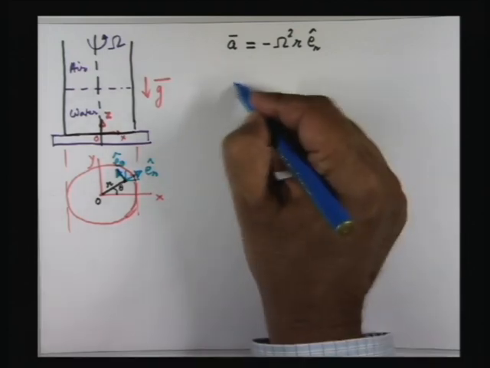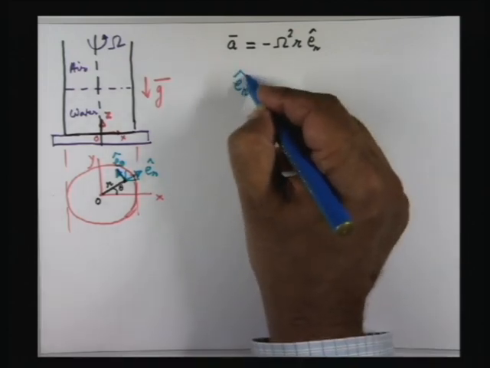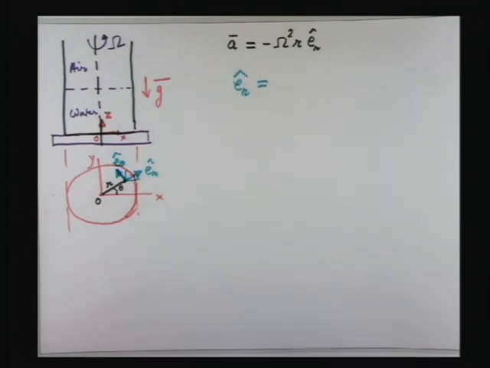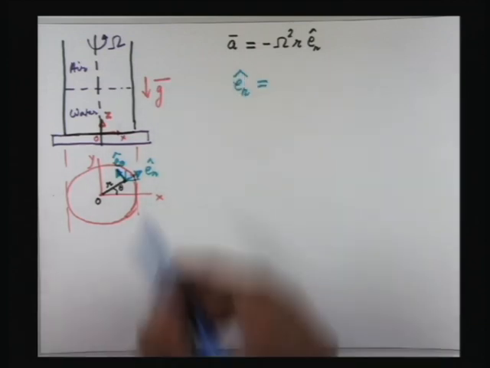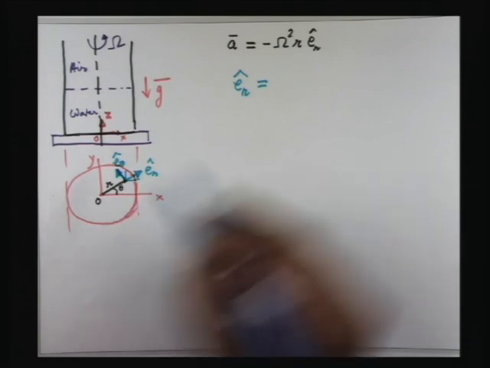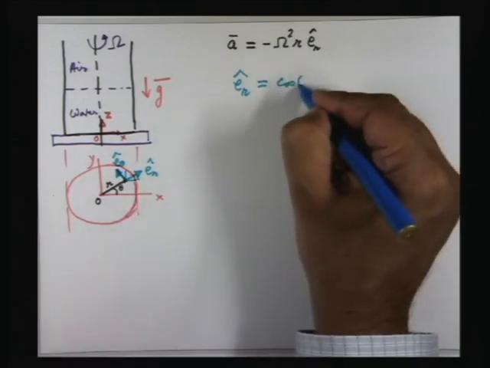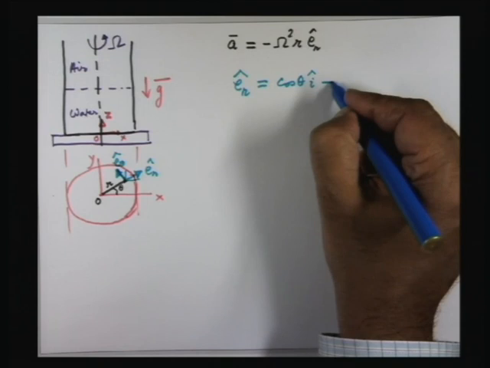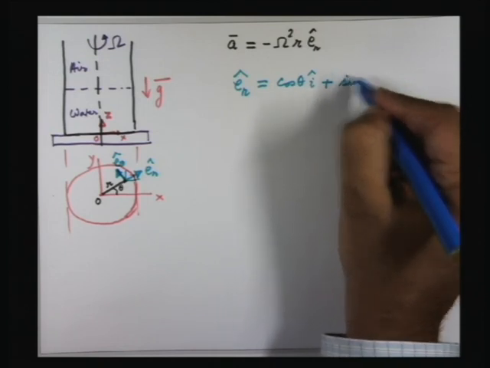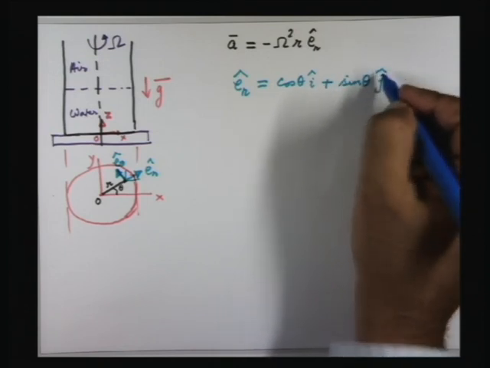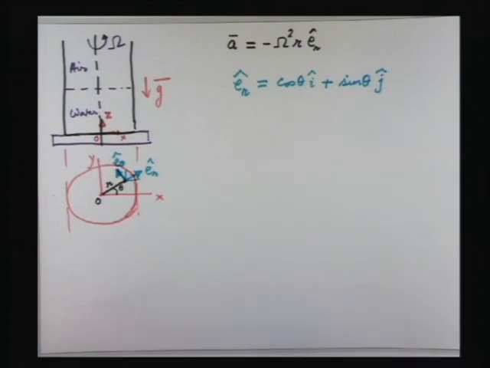Now you can see that e_r is a unit vector, so we are using this hat sign to denote a unit vector. So this length is 1 and this angle is theta. So this is cos theta i plus, excuse me, sin theta j.